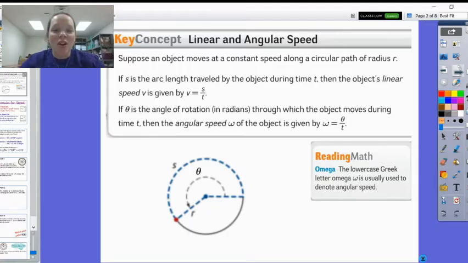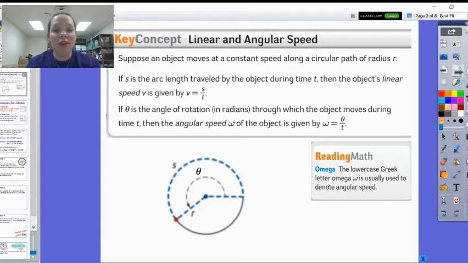Okay, so let's say that an object is moving around a circle at a constant speed, and the radius of that circle is r. So we know that s, the arc length, is the length traveled by the object during an amount of time, t. Then we can calculate the object's linear speed by dividing the arc length by the amount of time.